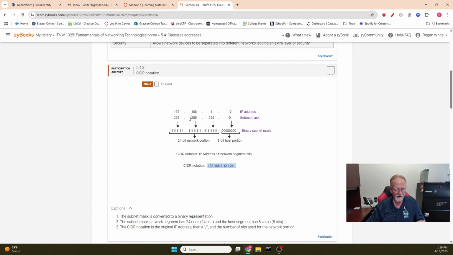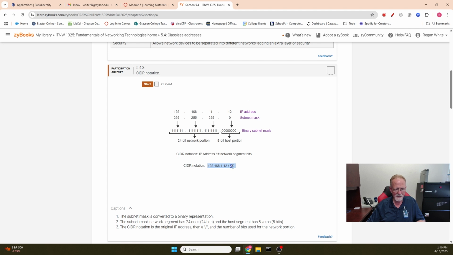If this were 255.255.0.0, then instead of being /24, this would be /16. If this were what we consider a class A address, so it'd be 255.0.0.0, then the slash would be /8, because there's only 8 ones in the subnet mask, and all the rest are zeros. And so that's how we get this number.